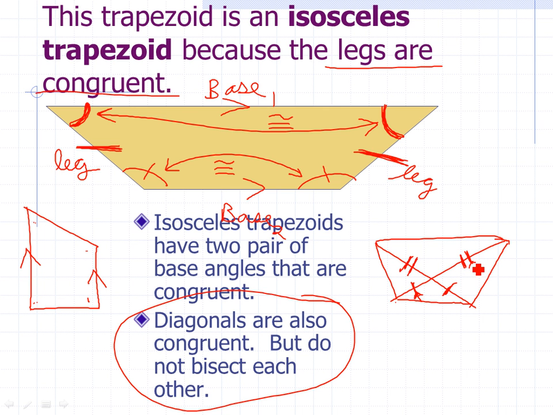So the two bottom parts here are equal, the two top parts are equal. The diagonals are the same lengths total, but they don't bisect each other. They split each other up so that you have two congruent parts and two congruent parts, but they don't bisect because they don't just split in half.